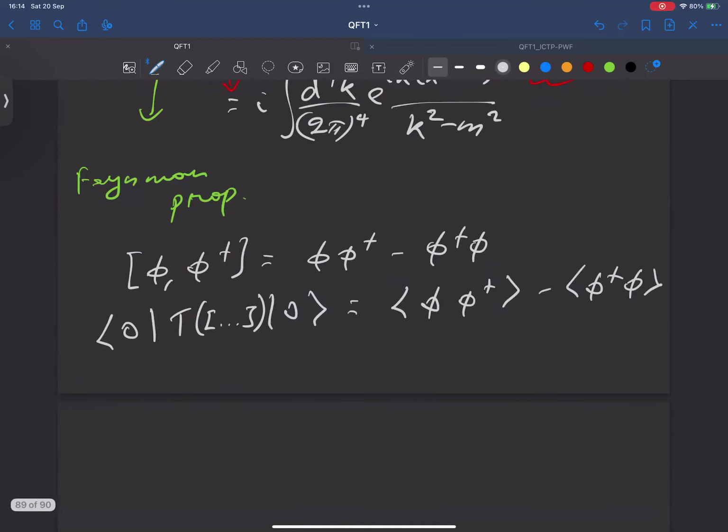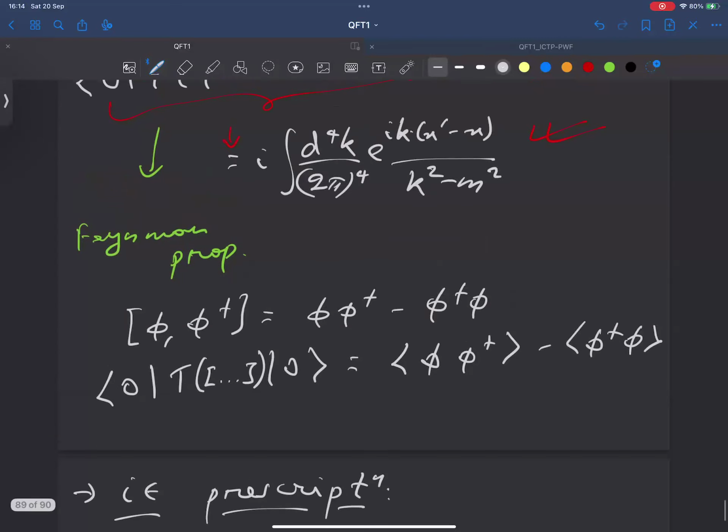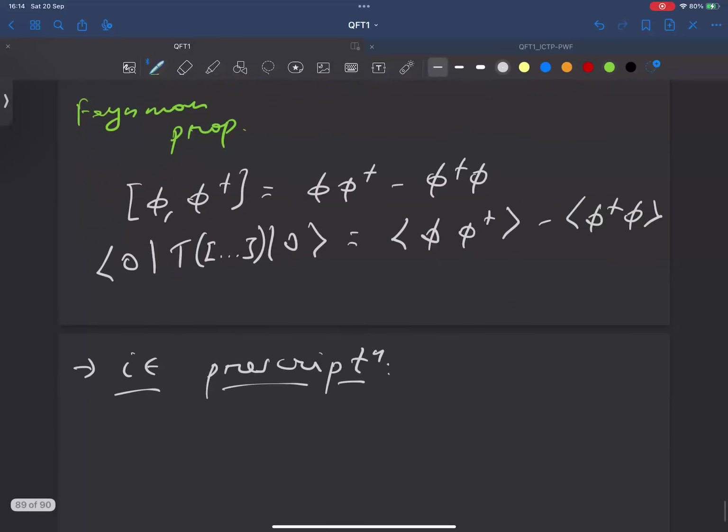Okay, so now let's talk a bit about something that people call the i epsilon prescription. It is again this integral written in this covariant form, but we will slightly tweak it.